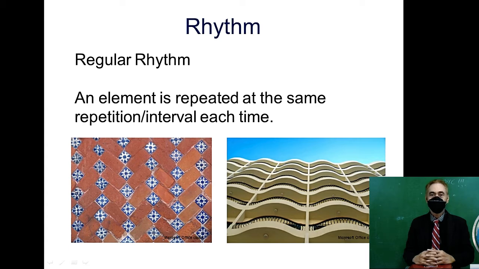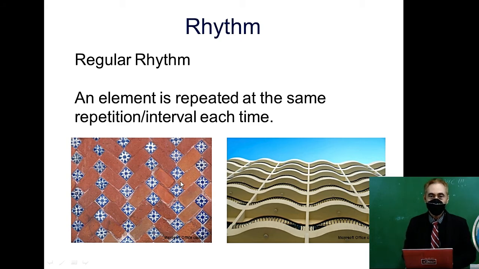Okay, so we have here an example of regular rhythm. So there is a repetition of design, and repetition is almost seemingly the same as rhythm. An element is repeated at the same repetition interval each time.